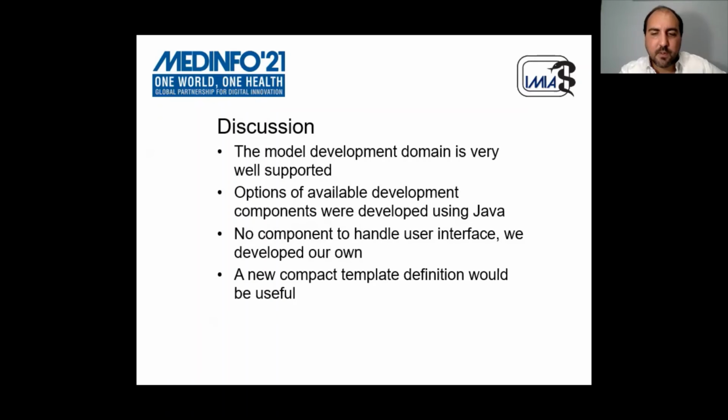So the SDKs and the code available was mainly developed using the Java language, which makes it a little bit harder for other implementers using C, for example, or PHP, as in our case. We also found that it would be useful to have a new compact template definition in JSON, for example, to make it more approachable, and the parsing of this definition.